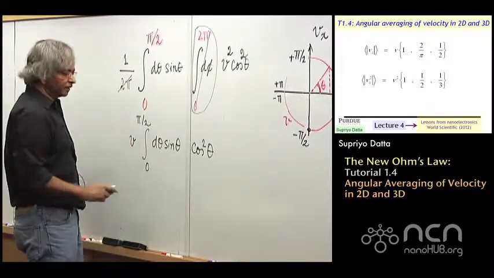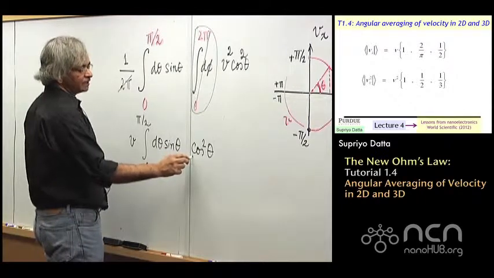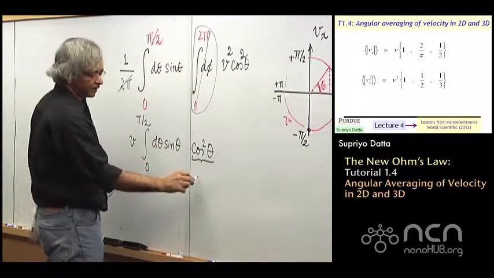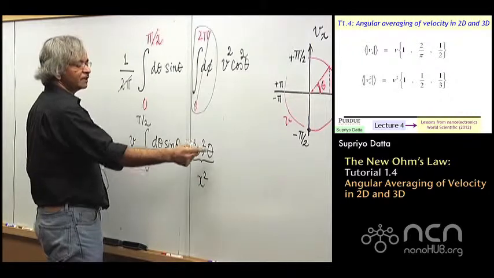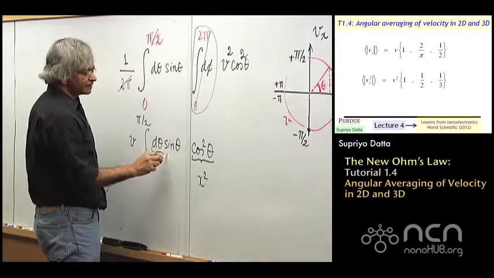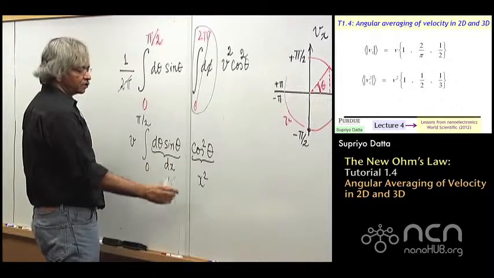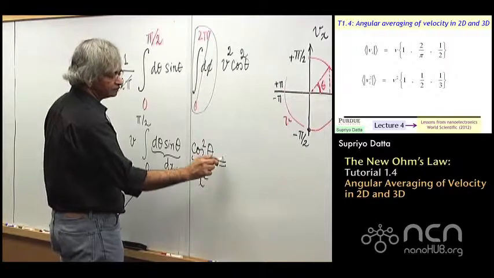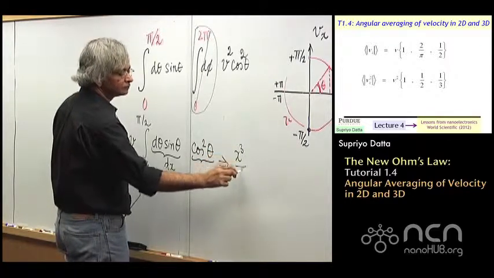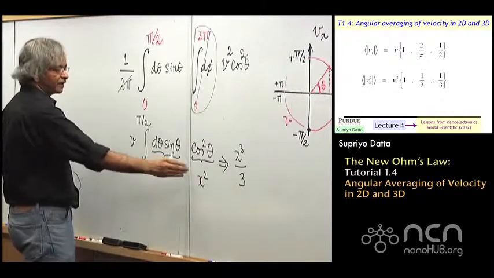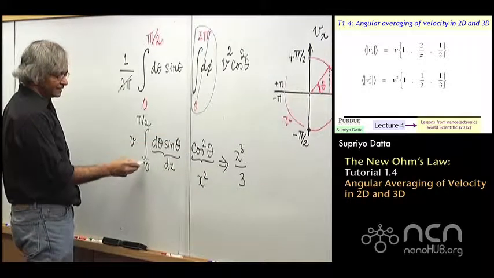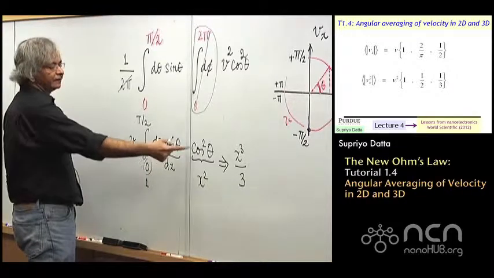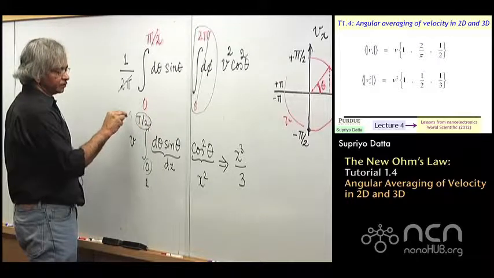Now the way you do this integral is, you could give cosine theta a name. Let's call it x. Nothing to do with the direction x, just some x. So if cosine theta is x, then d theta sine theta is dx. And so when I integrate x squared dx, what I get is x cubed over 3. And of course the limits on x: x is cosine theta, so at one limit it's 1, and at the other limit it's 0.